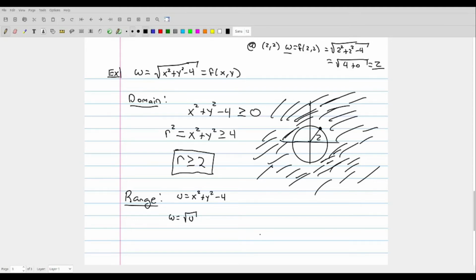The square root function of u is only defined when u is nonnegative, and specifically, it looks exactly like this.